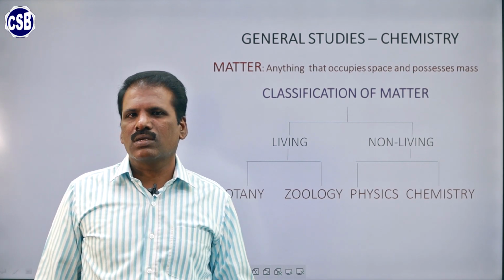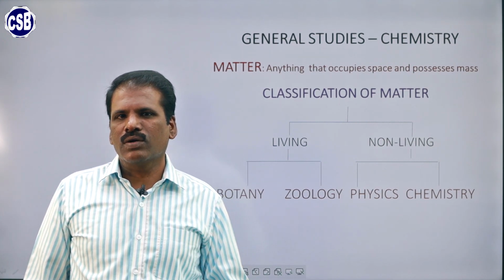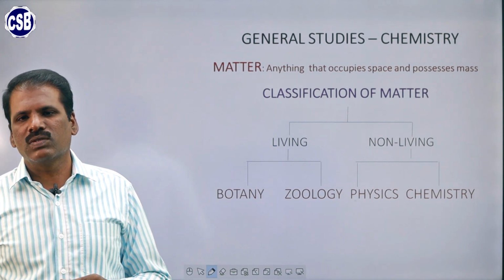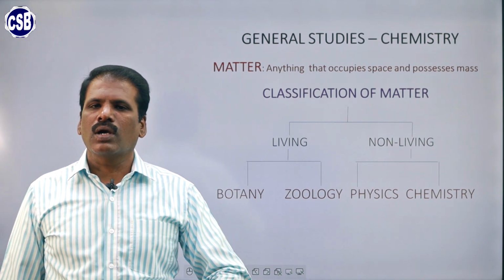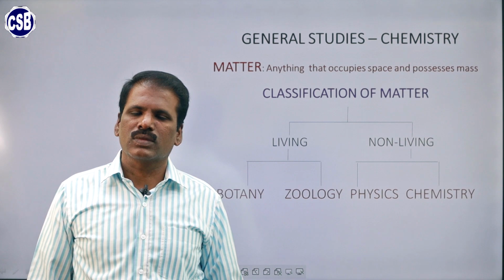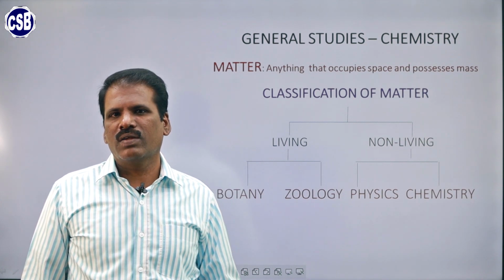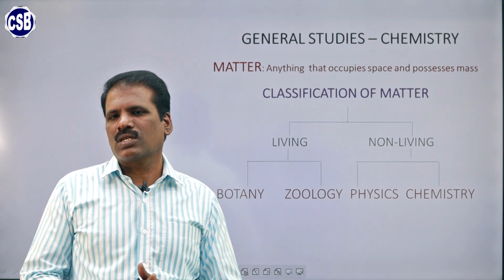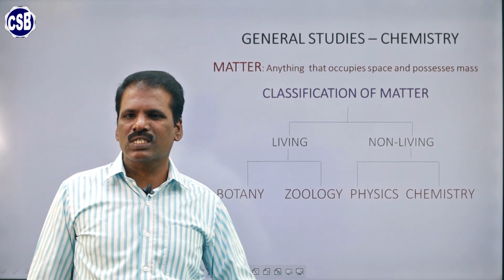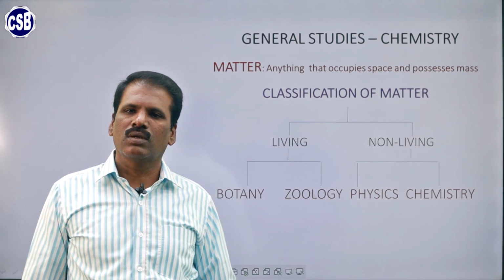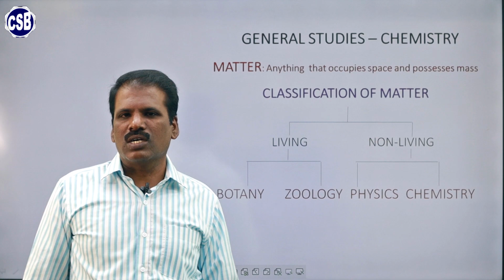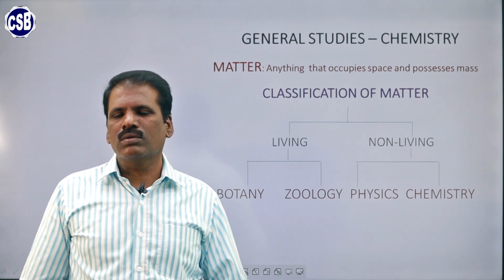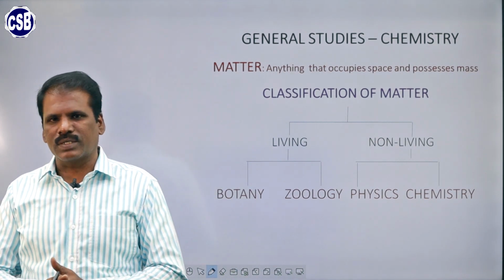In living things, the study of plants deals with botany and the study of animals deals with zoology. Non-living things are classified into two major categories: physics and chemistry.